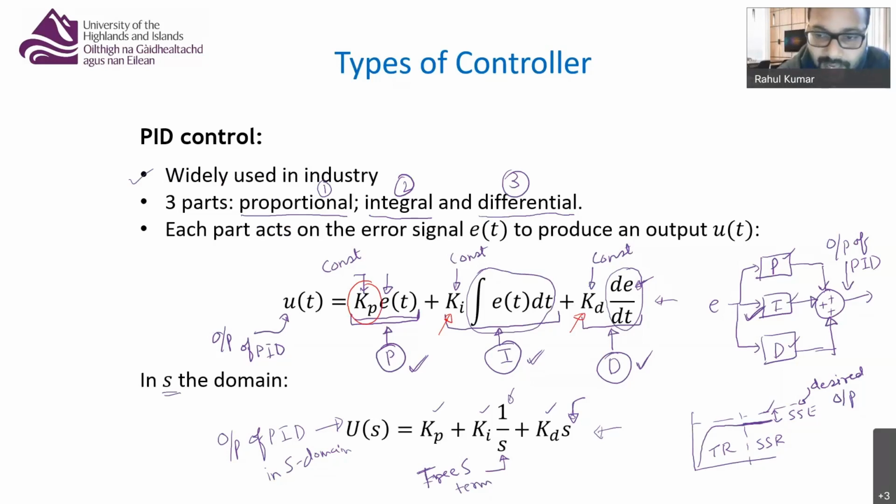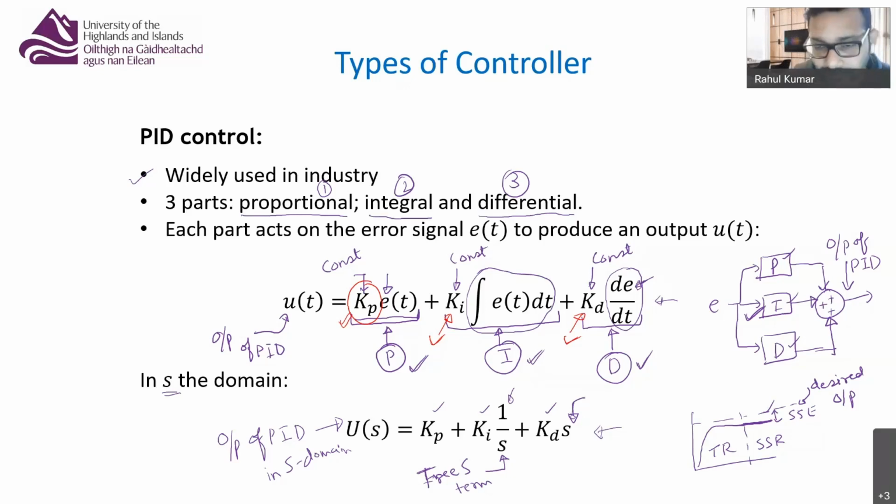If you change the value of Kp, you also have to change the value of Ki and Kd accordingly. So manually it is a bit difficult, I would say, and adjusting the value of these constants manually requires a lot of experience. So only control engineers with some experience working with PID can do it manually.